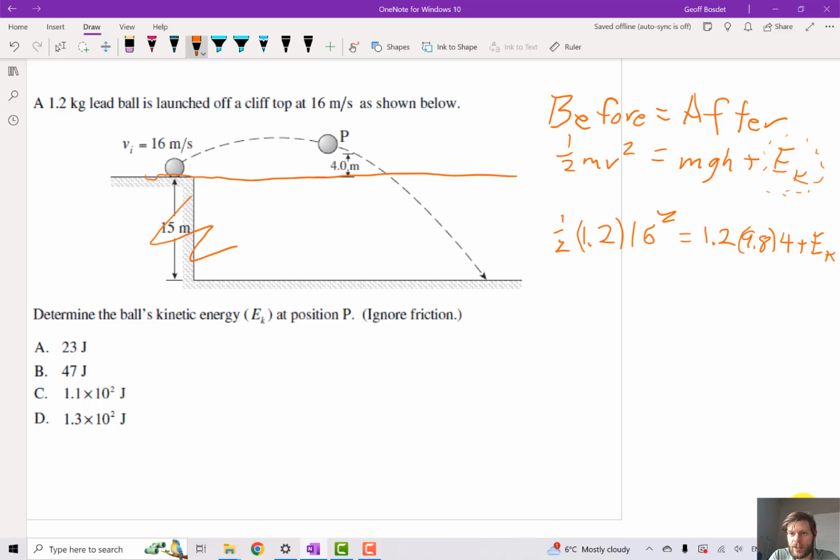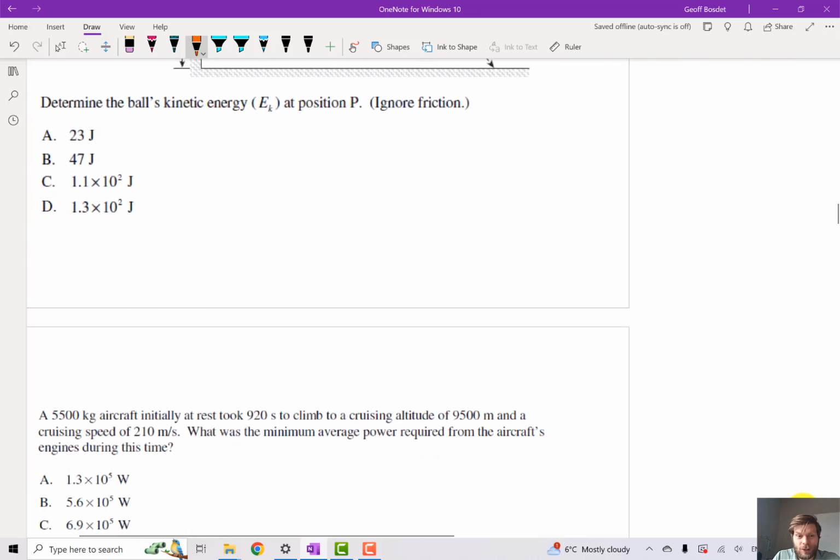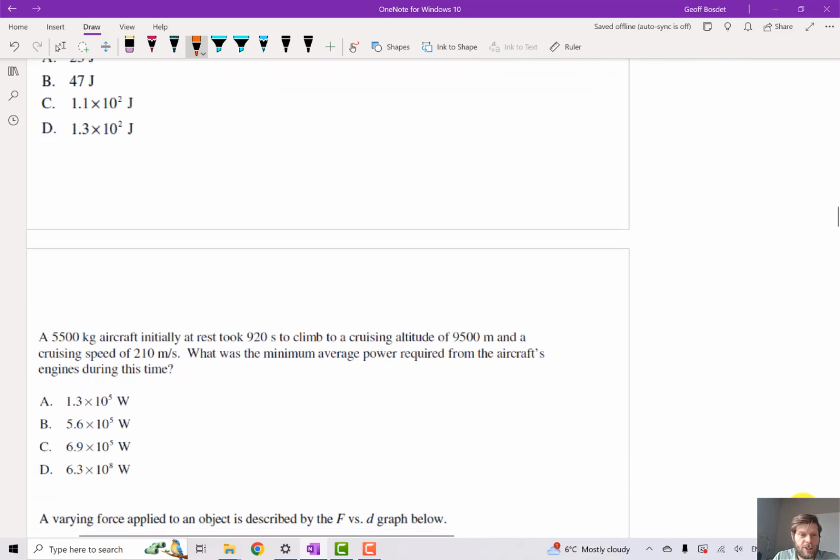Find this whole thing and then subtract this whole thing, and you got it. That's it. Whatever 1/2 times 1.2 times 16 squared minus 1.2 times 9.8 times 4 is, that'll give you your potential energy. All right, or sorry, kinetic energy at point P.